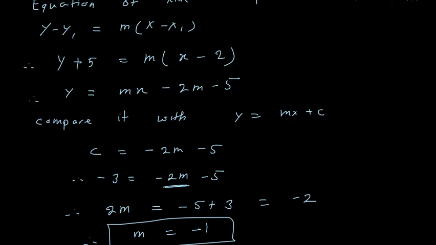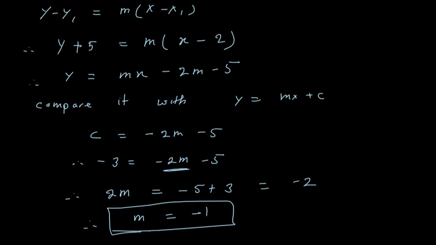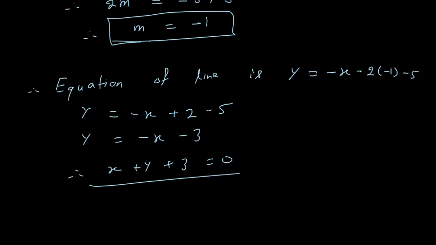So that is y is equals to minus x, this minus minus will become plus 2 minus 5. So this is minus x minus 3, this is y. So I will bring all these terms on left side, so it will become x plus y plus 3 equal to 0. This is the equation of line.